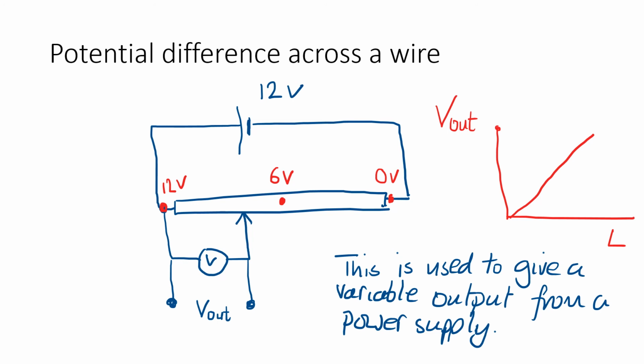We could have a switch which we moved like the one we've got here from the position on the left, which would give us an output of 0 because there's 0 potential difference, along to different points where the output would steadily increase up to a maximum of 12 volts V out on the right. So it's a way of controlling a power supply to give you a variable output.